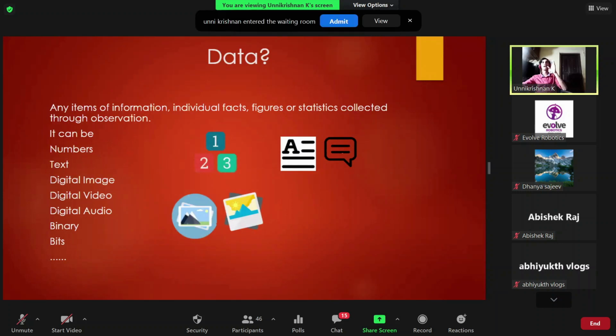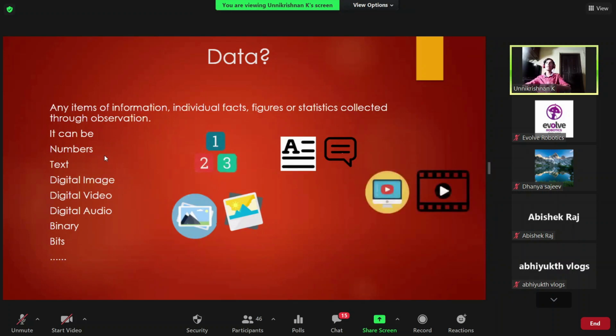For example, an image is made up of thousands of pixels, and each pixel contains data like how much color that pixel has: this much red, this much blue, this much green. Each and every pixel contains some data, and all these pixels together form the image. So we can say that an image has data in it.